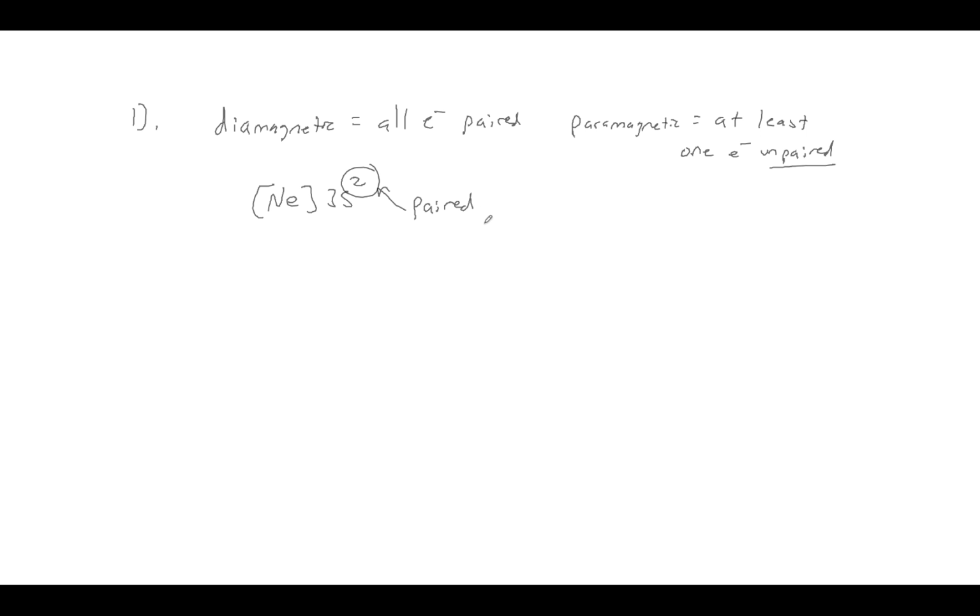So that's diamagnetic. That satisfies the criteria that our first one is diamagnetic. But the second one is not paramagnetic because it's calcium, which is right under, and the electron configuration there is argon 4s2, right? And that's also paired. So answer choice A can't be the answer.